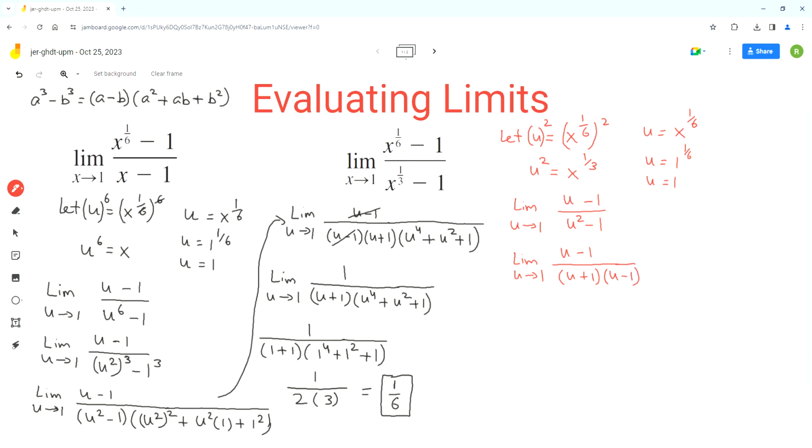So now we can cancel out the u minus 1. So we get limit u approaches 1, 1 over u plus 1. And now we can sub in u as 1. So we get 1 over 1 plus 1, which is equal to 1 over 2. So this should be the final answer for this limit.